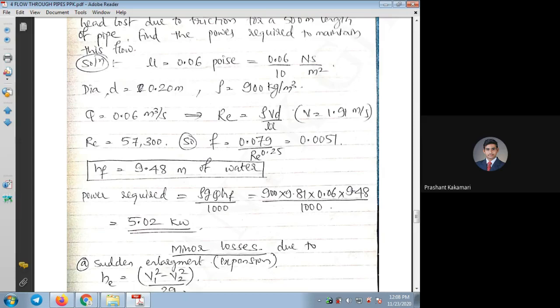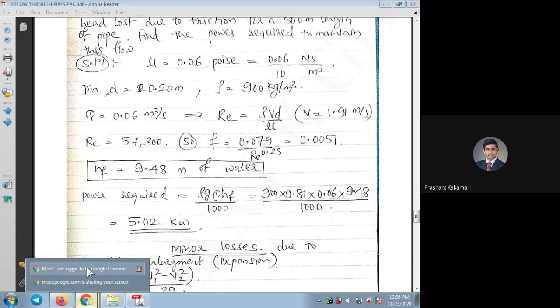And now, how do we find this velocity? Because in the Reynolds number, rho Vd by mu, mu is given, density we know for the oil, velocity is not known, diameter is given. When velocity is not known but you know the discharge, can anyone tell me what relation I can use to find the velocity using this discharge?